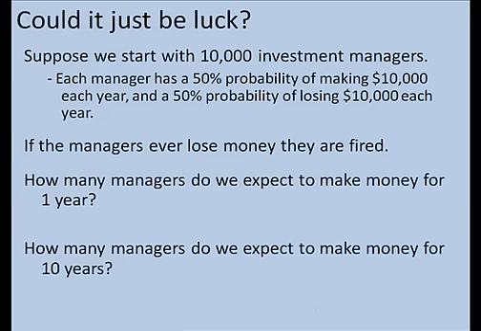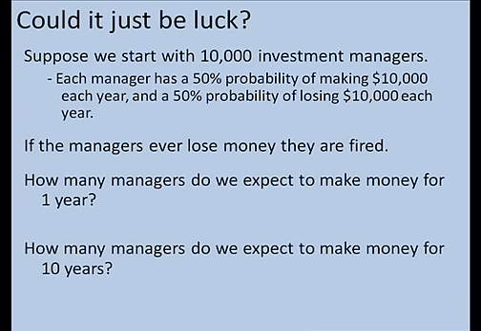So suppose we start with 10,000 investment managers, and each manager has a 50% chance of making $10,000 each year and a 50% chance of losing $10,000 each year. It's just luck. 50-50 chance as to whether you win or lose. Now we're going to add an extra layer to this model. If a manager ever loses money, they get fired and they stop being investment managers.